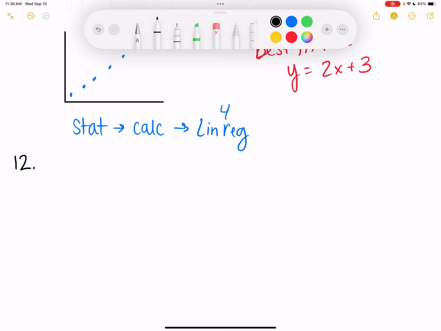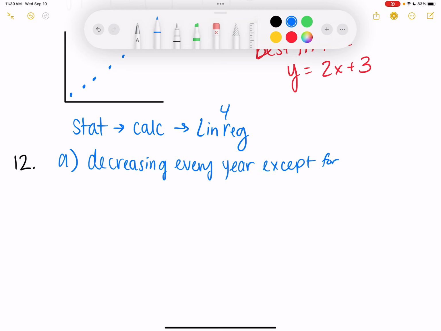Yep, so we would say it's decreasing every year, except for a slight increase from 1994 to 1999. It did that from 1984 to 1989 too, and 1964 to 1969. They did it 3 times.